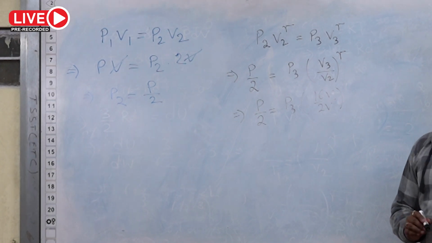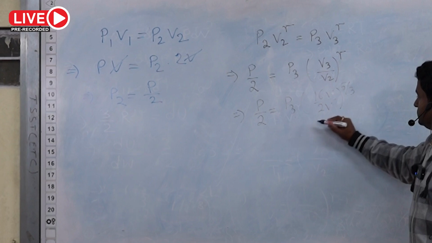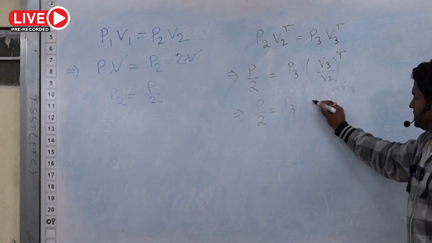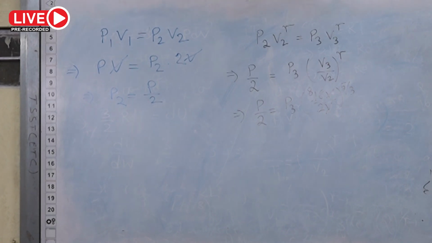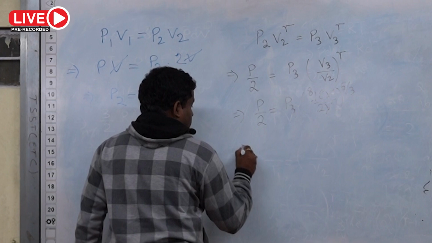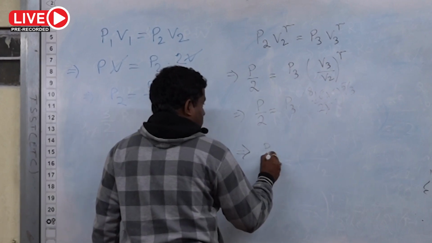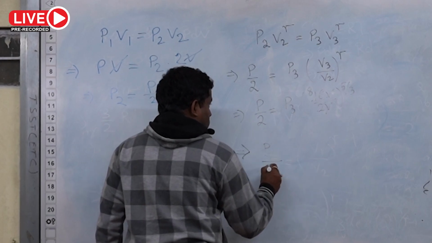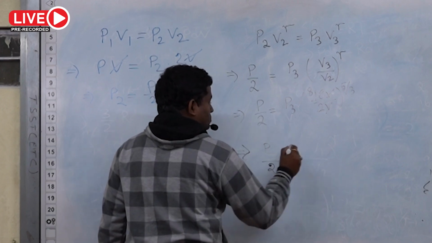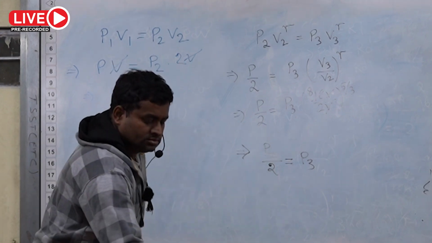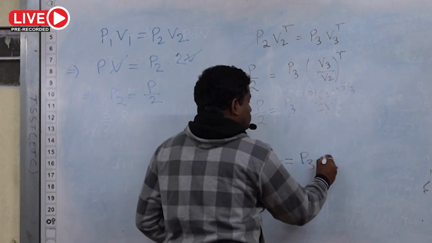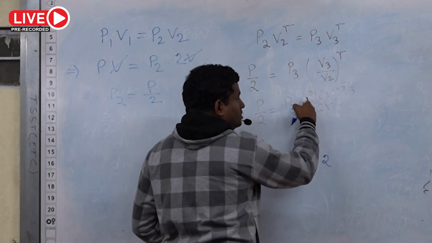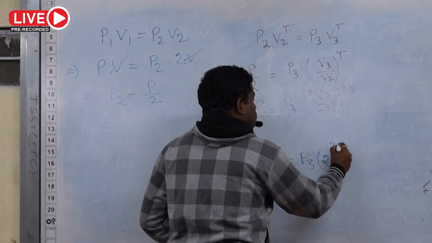For monoatomic gas, gamma is 5 by 3. V cancels, 16 by 2 means it is 8. Then calculate. P by 2 equal to P3 into 2 to the power 3 whole to the power 5 by 3.